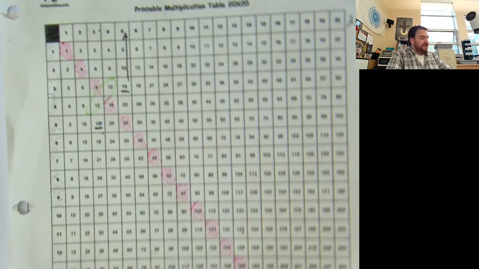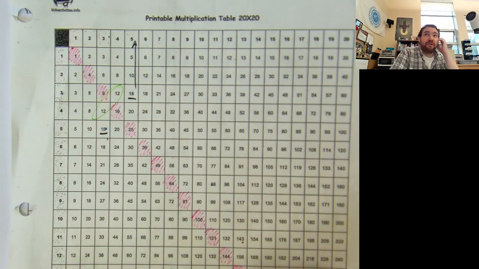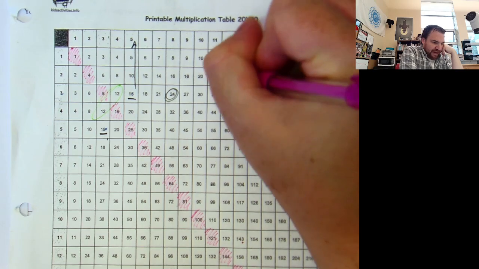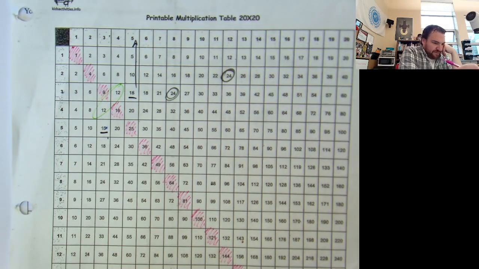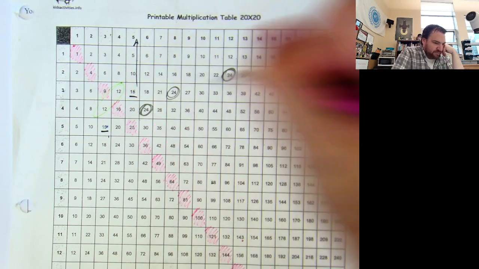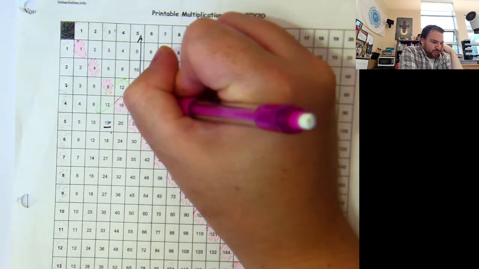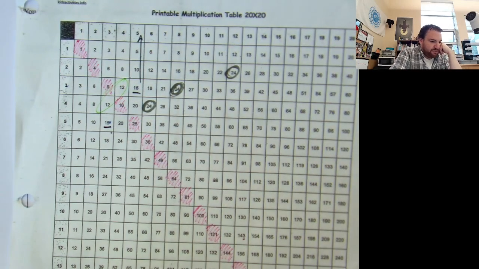If you're going to use a multiplication table, let's find 24 on here. Let's make sure we're cool with how this one works. 24 is there. 24 is also there. 24 is there. So which 24 do I want to use?